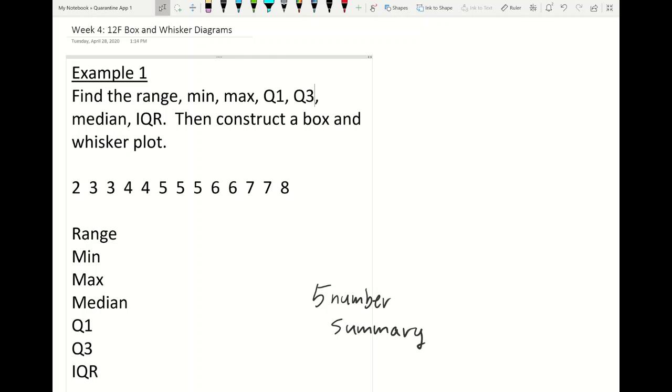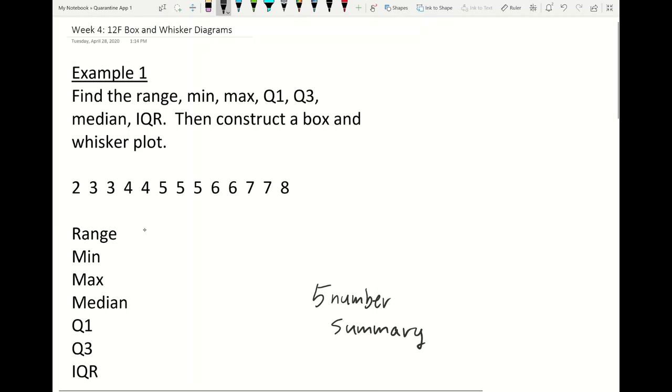First, we will find the range, minimum, maximum, Q1, Q3, median, and IQR, the interquartile range. Range is simply defined as the largest value minus the smallest data value.